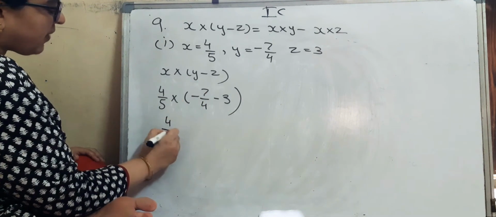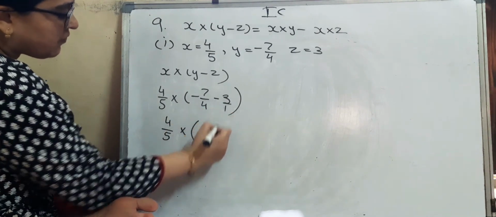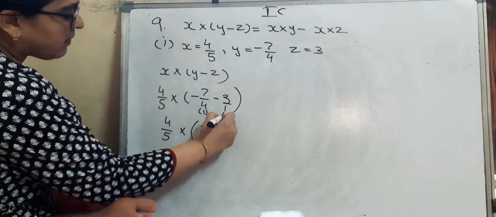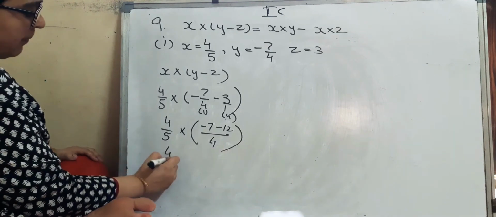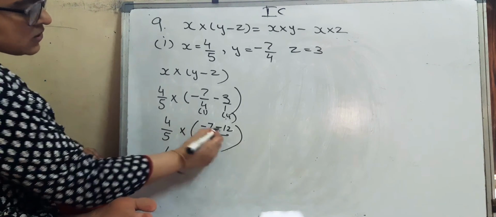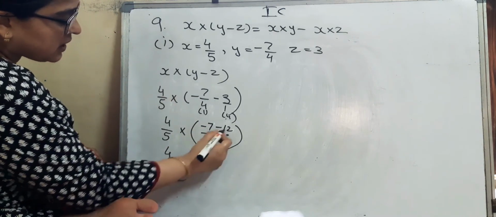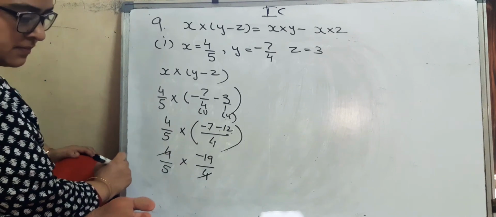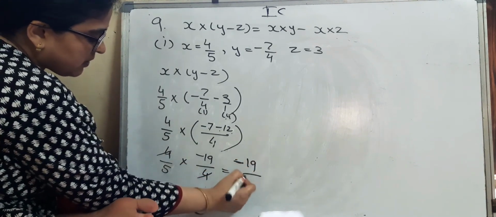Now 4 upon 5 multiply by, LCM is here 4, minus 7 multiply by 1, minus 4, 4 3s are 12. Minus minus always addition, and put minus sign in the answer. Then that's 12 plus 7, 19 upon 4, 4 4 you have to cut down. The answer is minus 19 upon 5.